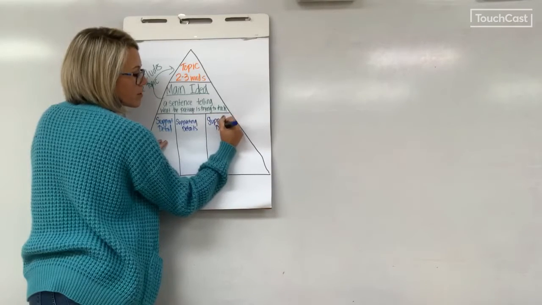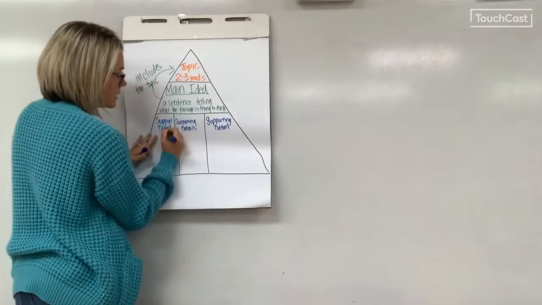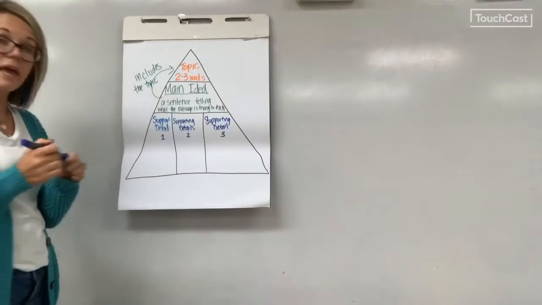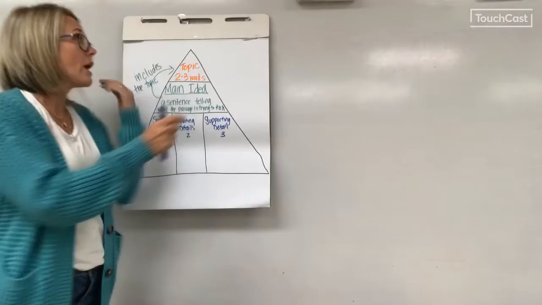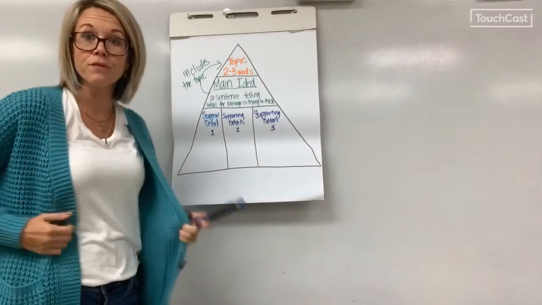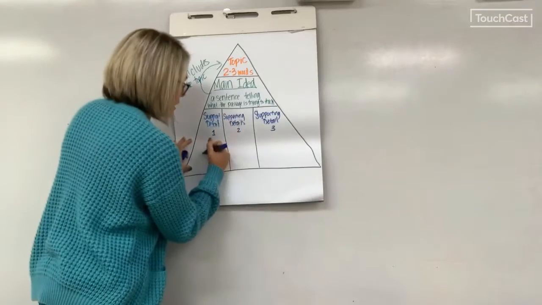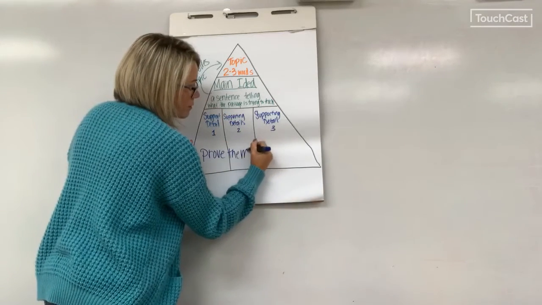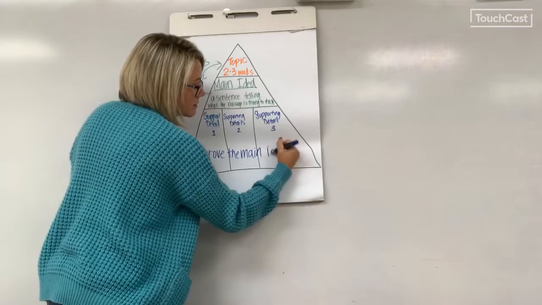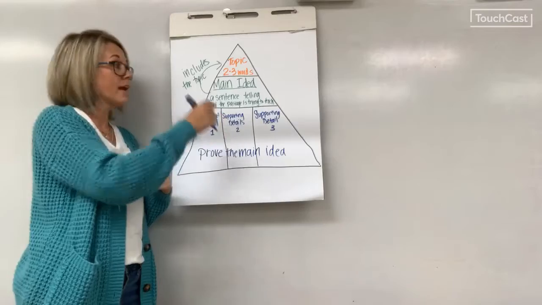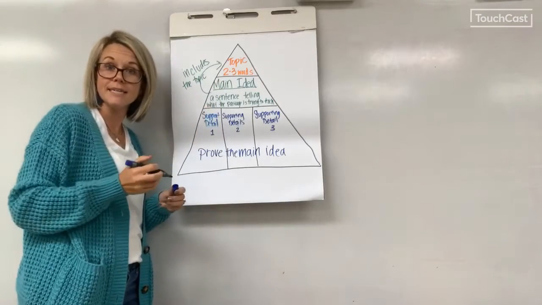And there are 3. 3 is key. So number 1, number 2, and number 3. And your supporting detail backs up your main idea. They prove the main idea. These are 3 things that I can read that prove my main idea sentence.